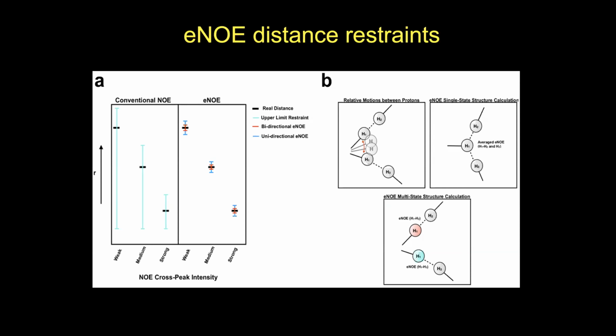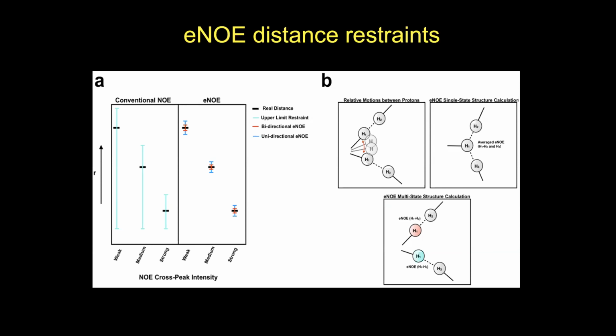Because the NOE has a nonlinear dependency on the distance, as a matter of fact, a 1 over r to the 6th dependence, if you have just a short distance between two protons, just for a fraction of the time, this will boost your cross peak. You will observe a very strong cross peak. And in general, you would then say that these protons are close in space all of the time.